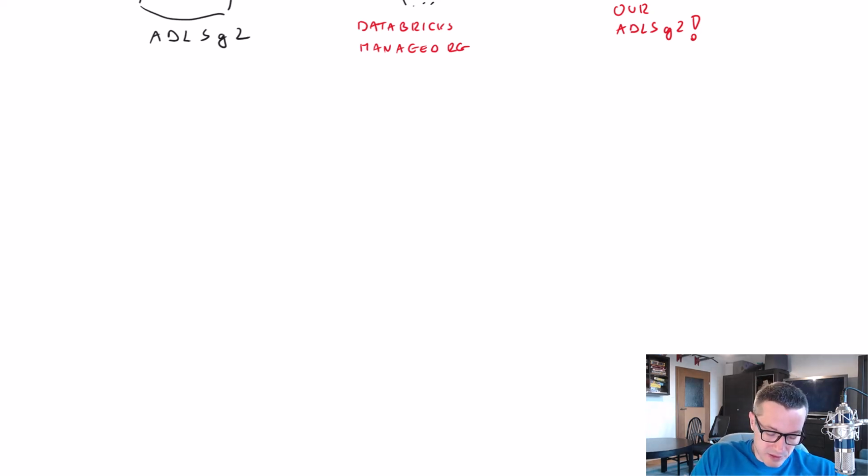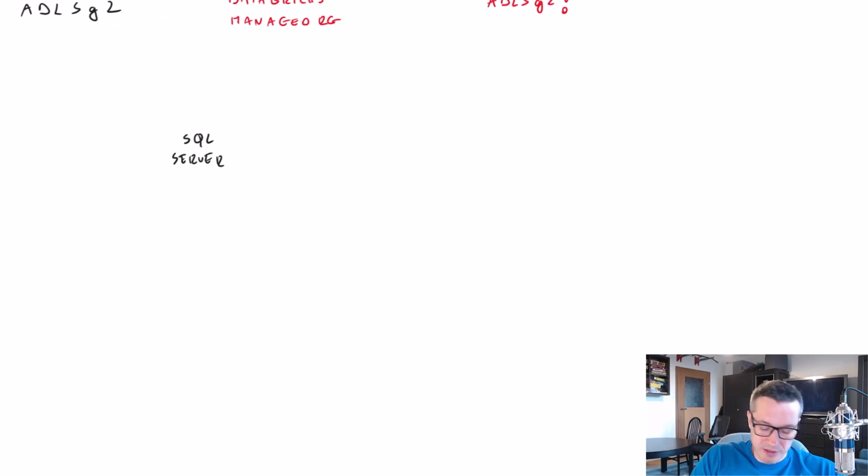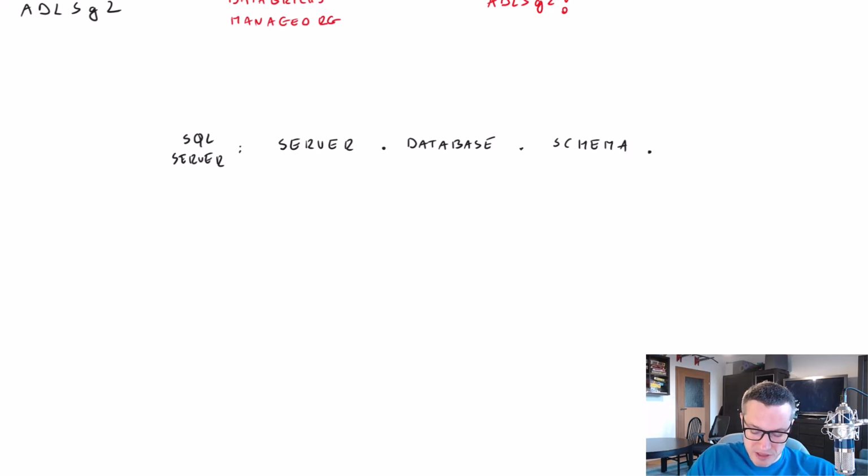So in SQL Server, it is like this. We've got server dot, then we've got database dot, then schema dot, and object, for example, some table.